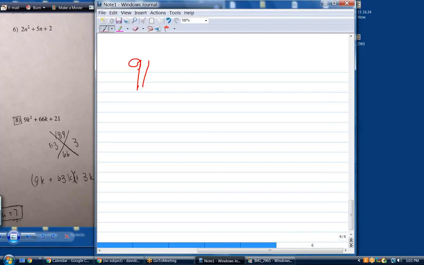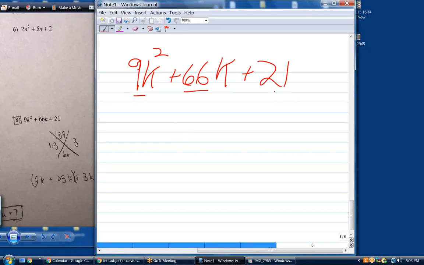Notice that 8 can be simplified before I go to factor it, which is good because it's going to make the factoring a lot easier. That's divisible by 3, that's divisible by 3, and that's divisible by 3. So if I factor a greatest common factor out first, now I get a more traditional, easy problem.